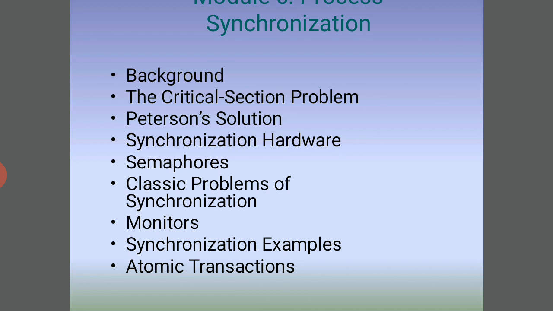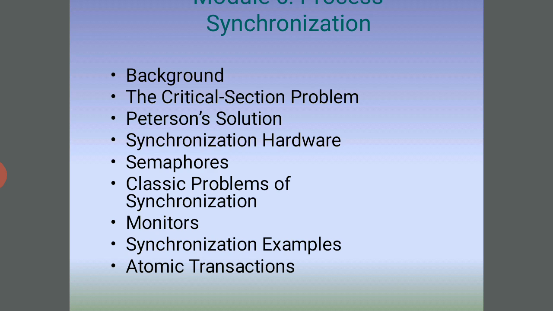In this manner, we could be sure that the current sequence of instructions would be allowed to execute in order without preemption. Unfortunately, this solution is not feasible in a multiprocessor environment.